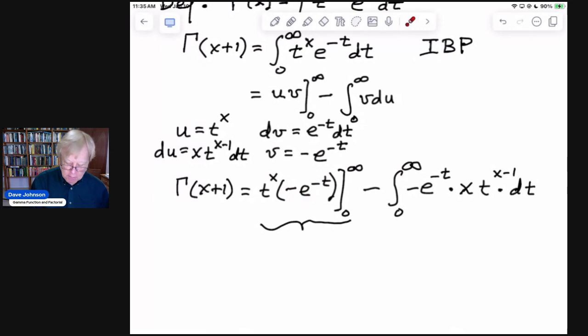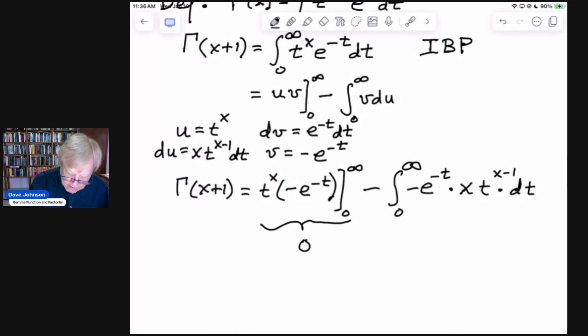That's a common limit that you probably did in Calculus 1, and that limit is going to be 0. If you plug in 0 here, 0 raised to any power is 0, as long as x is not 0. And then this is going to be e to the 0, which is 1. And so you get 0 times 1, which is 0. So I can write this result as 0.